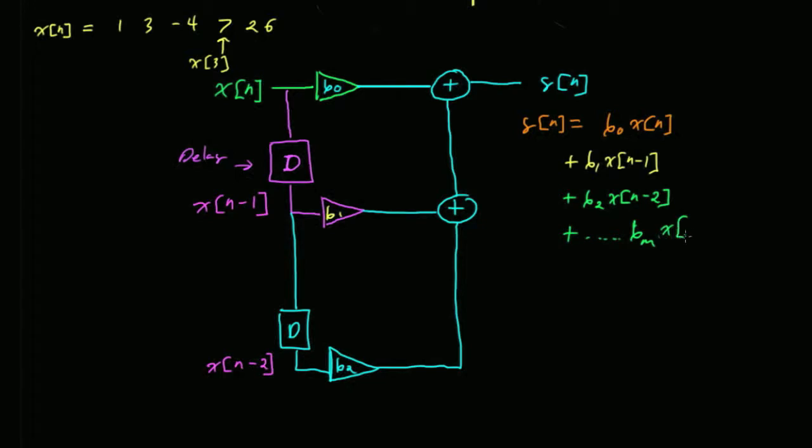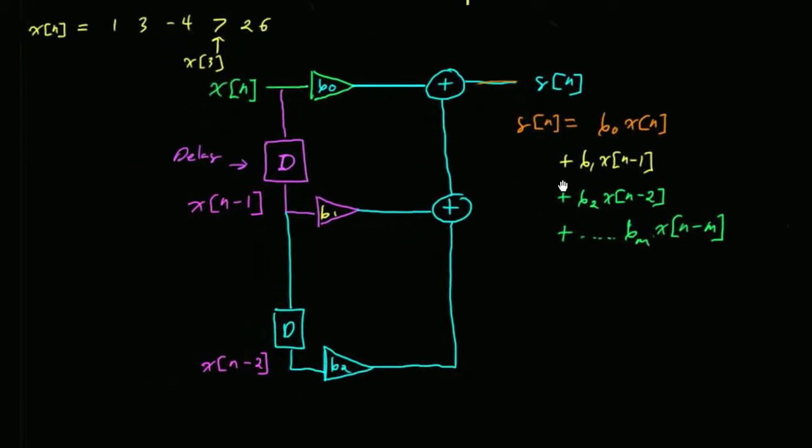Okay. Now, let's actually run an example of this. All right. So let's say this is our x of n. What do you want to use for your filter? So if it's not immediately apparent, the coefficients b0, b1, and b2, that's your filter. So for example, on the quiz today, you had that.